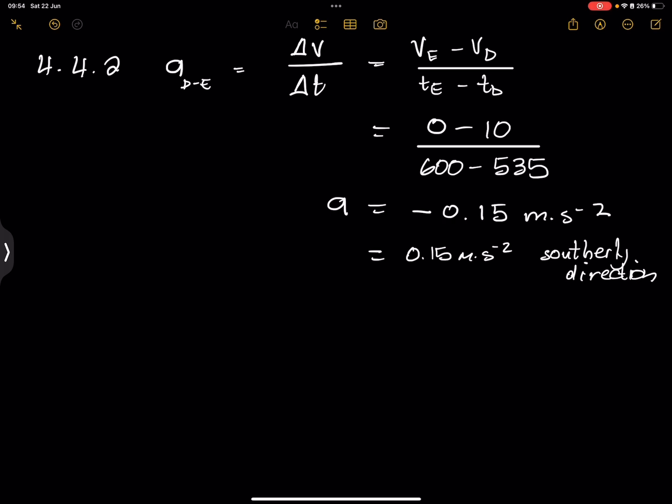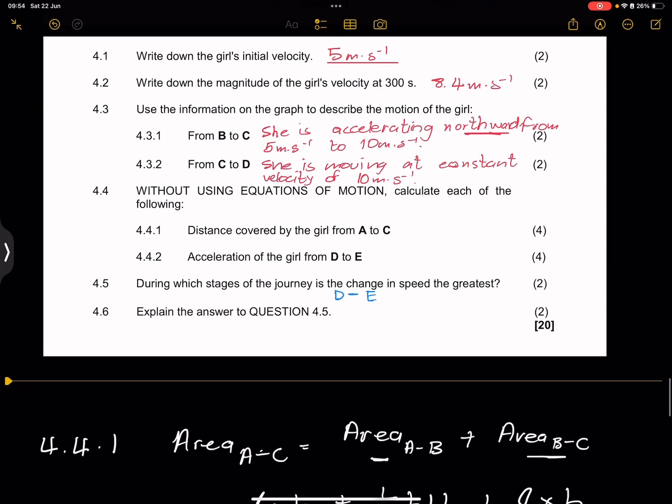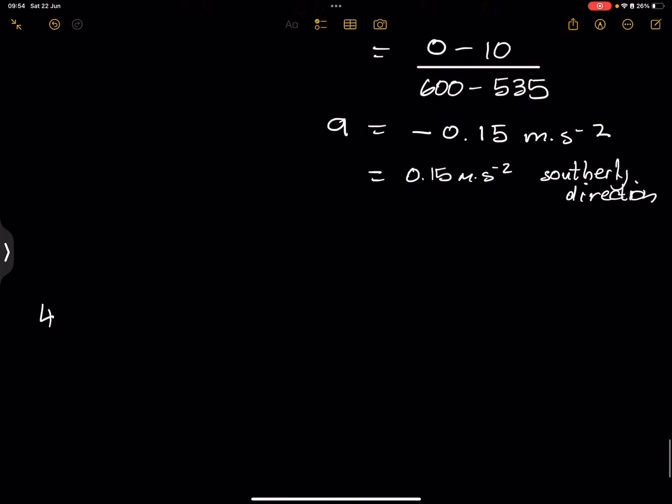So let's answer that question. We said for 4.5, during stages D to E, and they said we must explain that.